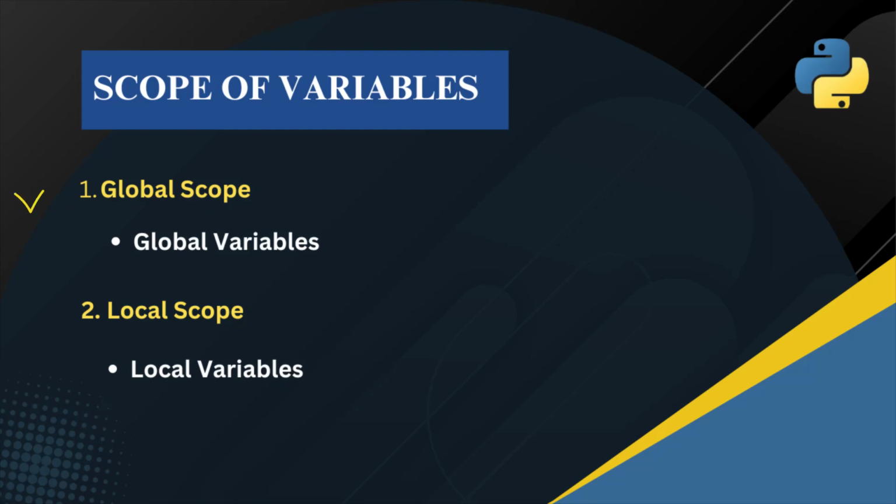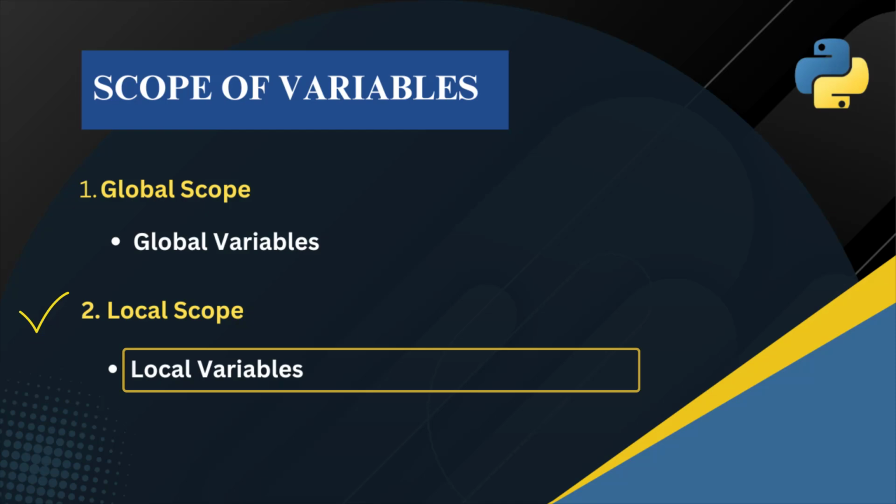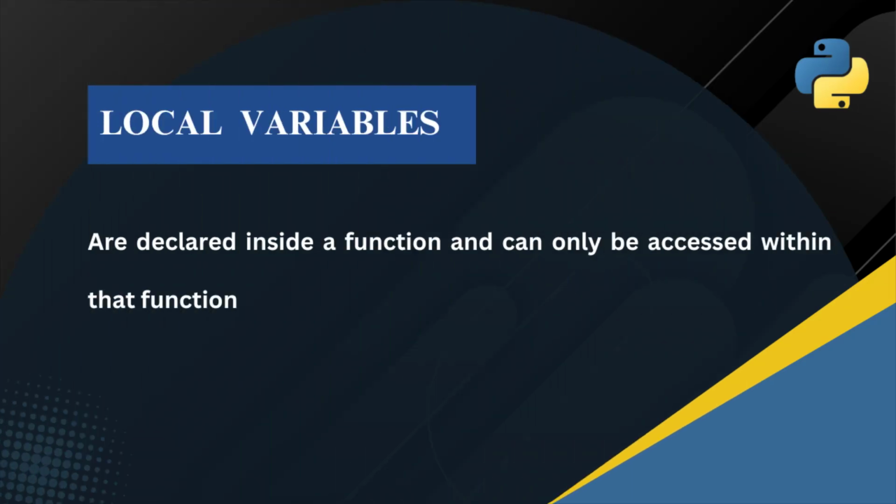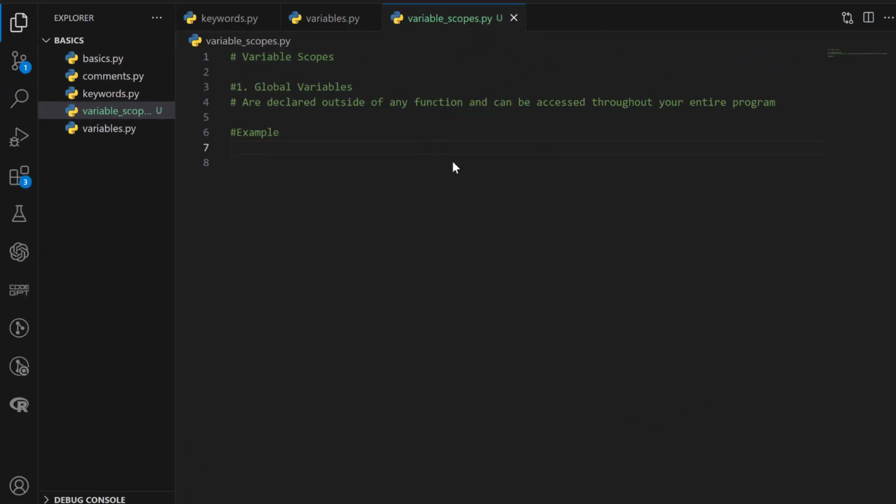With the global scope, we work with global variables, and with the local scope, we work with local variables. So global variables are declared outside of any function and can be accessed throughout your entire program. And local variables, on the other hand, are declared inside a function and can only be accessed within that function. So let's see this in action.